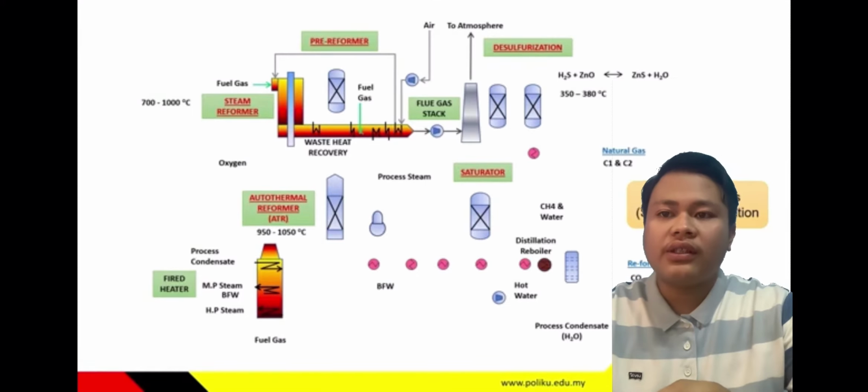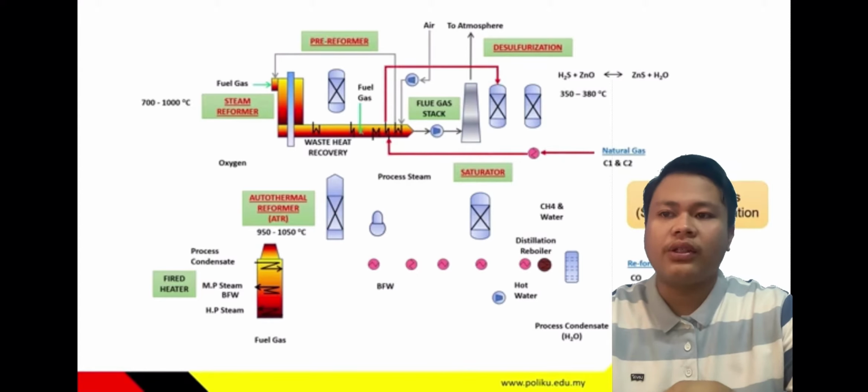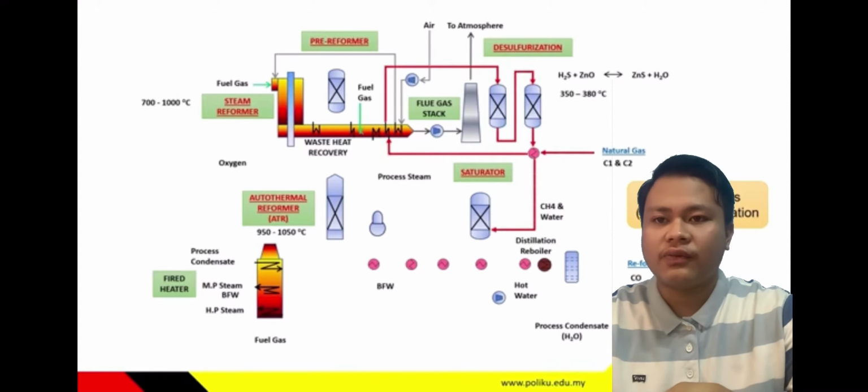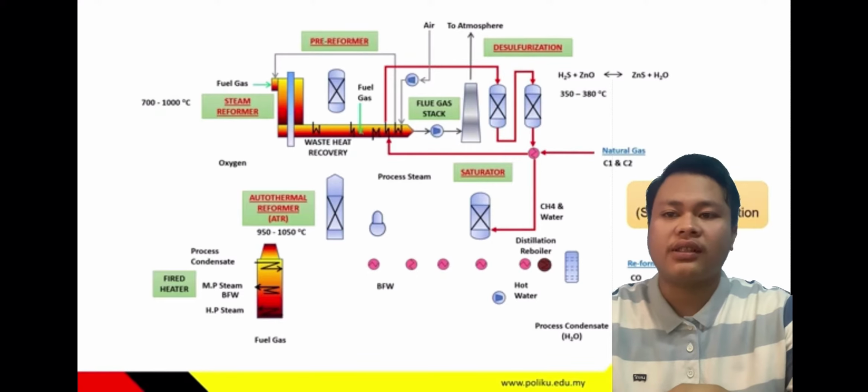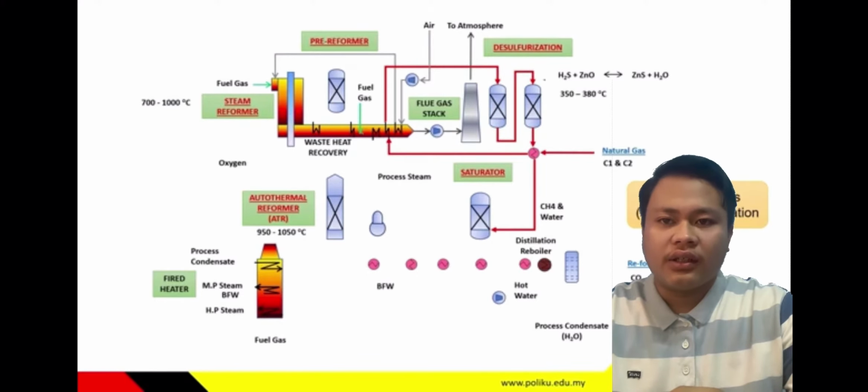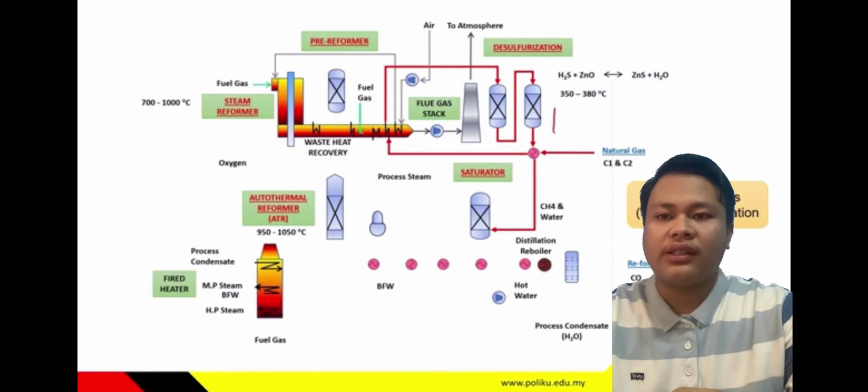Our feed, the natural gas, goes into the heat exchanger first, and then to the desulphurization, and subsequently through the feed heat exchangers to the saturator.